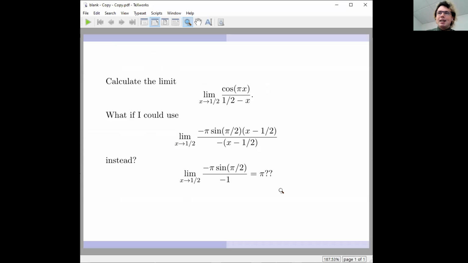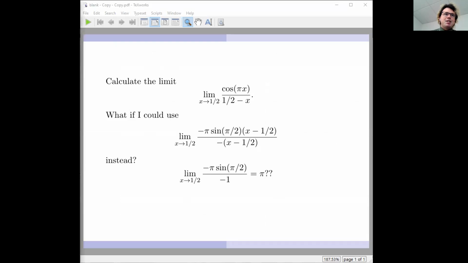So this idea that maybe in certain circumstances, we can replace the function by its tangent line instead to calculate the derivative. This has some merit to it.